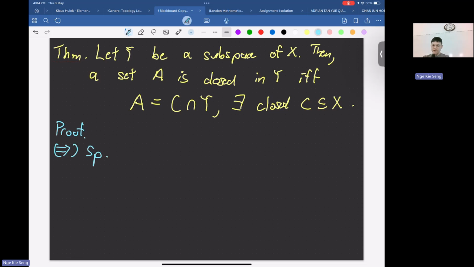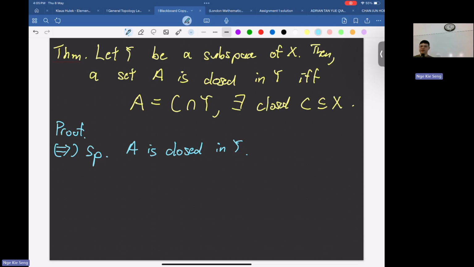Suppose A is closed in Y. Then you want to show that there exists a closed set C such that you can write A as an intersection. But there's nothing much you can work with, so just throw the closed definition out.